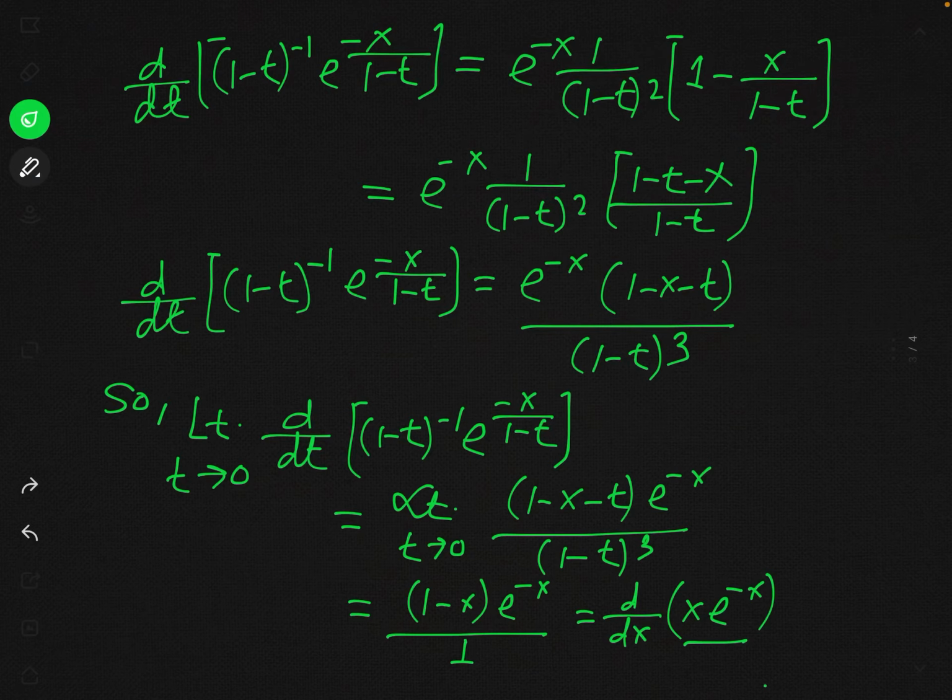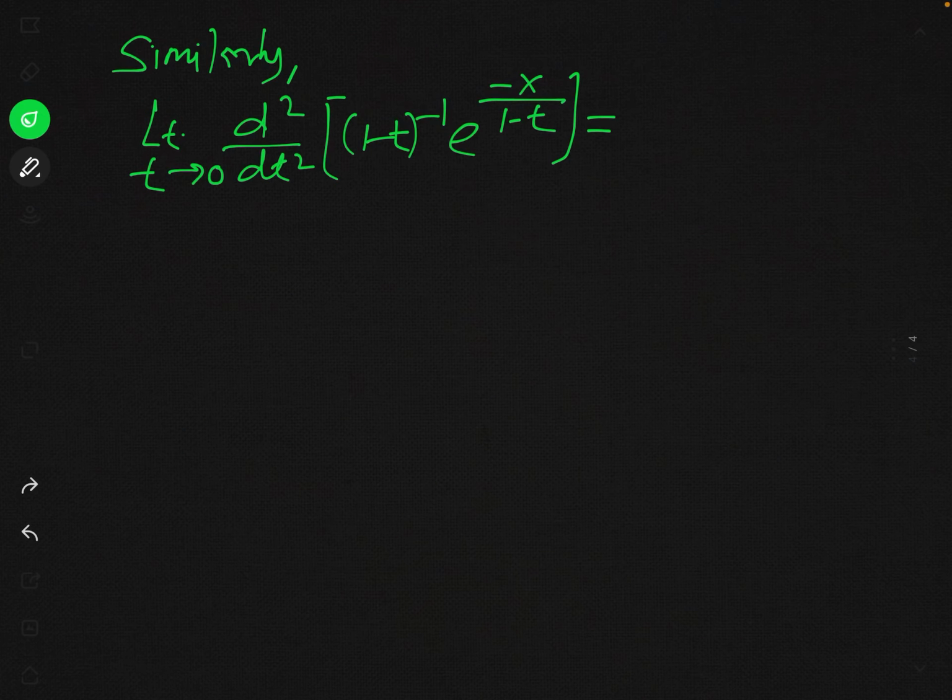See here, when there is the operator d dt, then we get d dx of x times e to the power minus x. So when the operator is d2 by dt square, then it will actually be d2 dx square of x square e to the power minus x. By induction, we can easily say it.